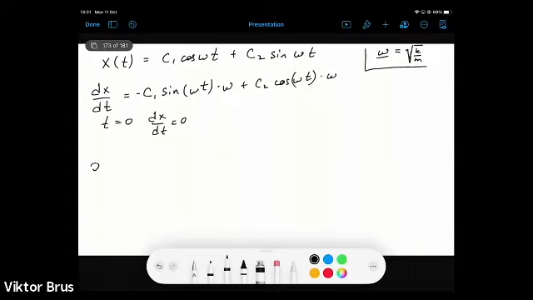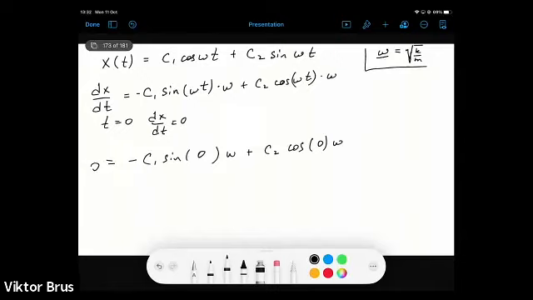So we can write 0 is equal to minus C1 sine omega t times omega. Sorry, not omega t, but 0. We set t equal to 0, plus C2 times cosine 0 times omega.